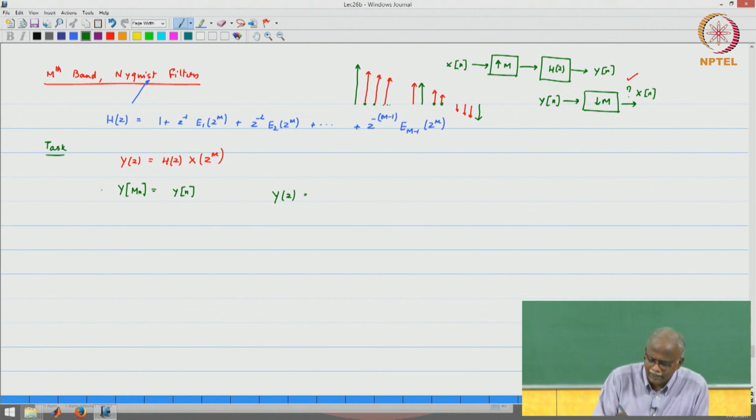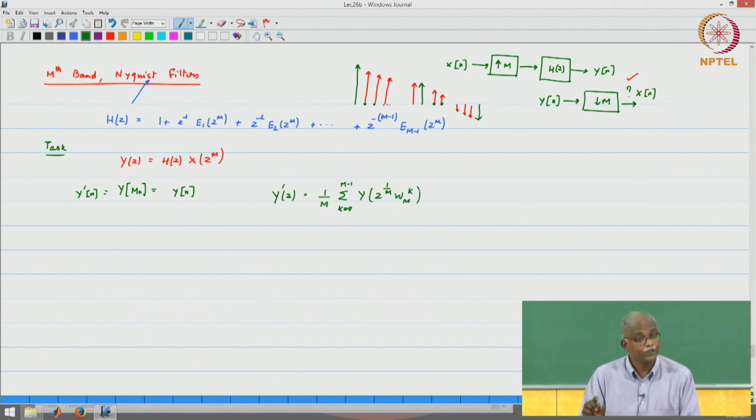So basically let me call this y dash of n. So y dash of z is 1 over m summation k equal to 0 through m minus 1 y of z power 1 by m w m k, right. You have to do that. Now go in and substitute and show that this hangs together.